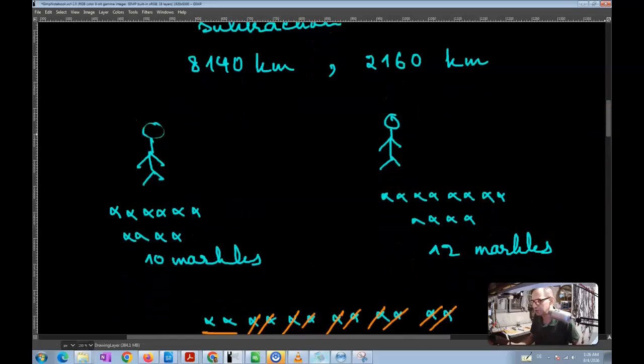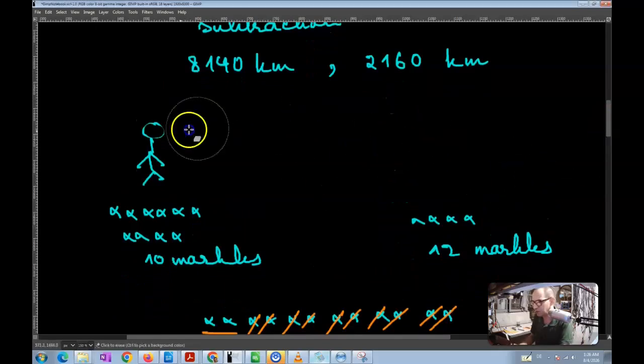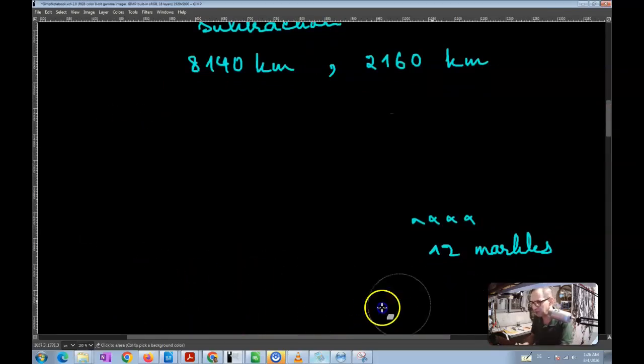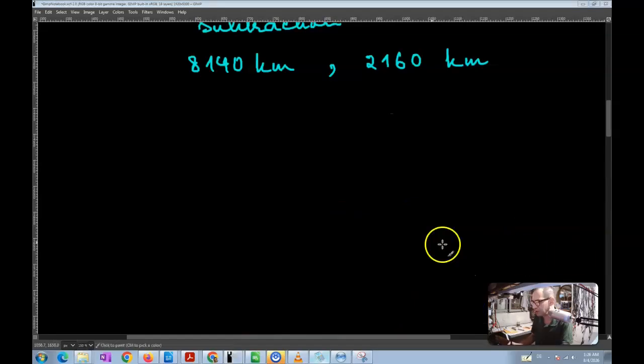And now over here, we can do that exact same thing. The distances are 8,140 kilometers and 2,160 kilometers, and I want to find the difference between those two distances.